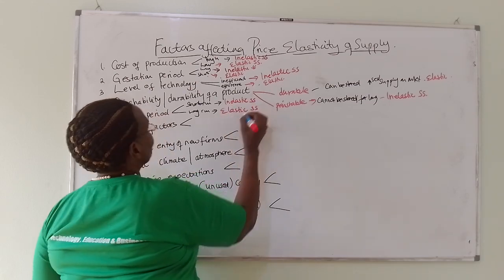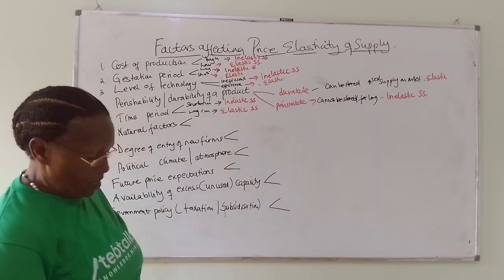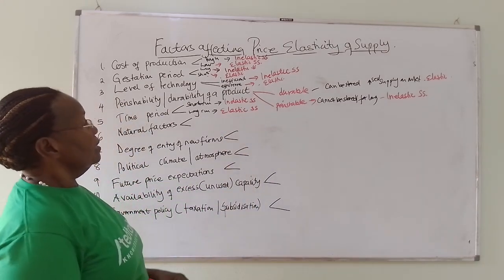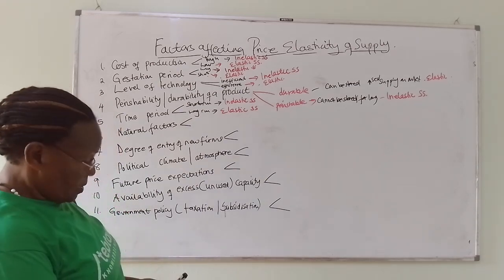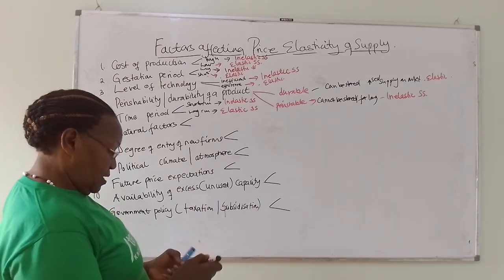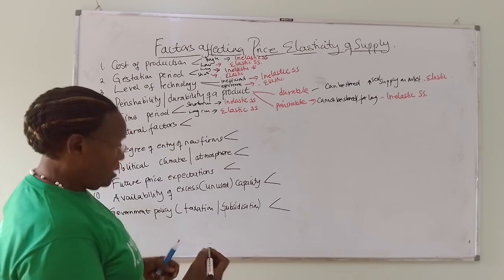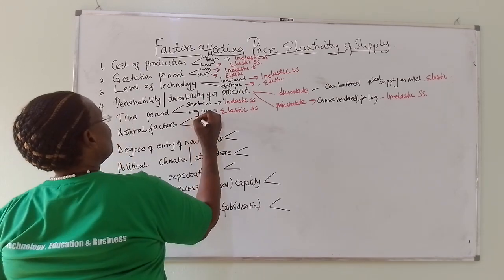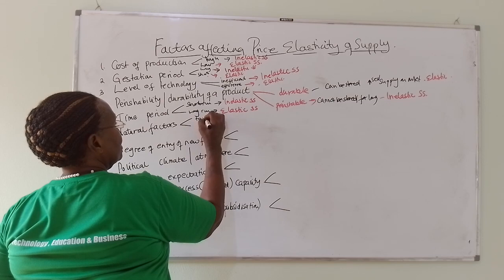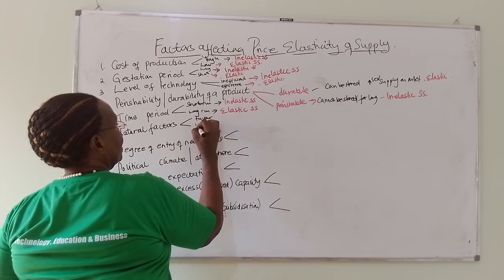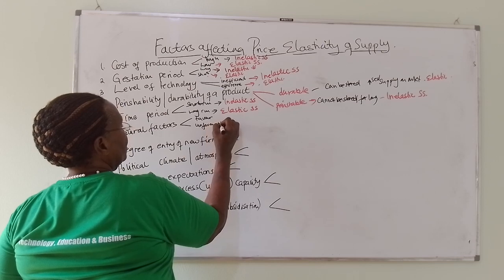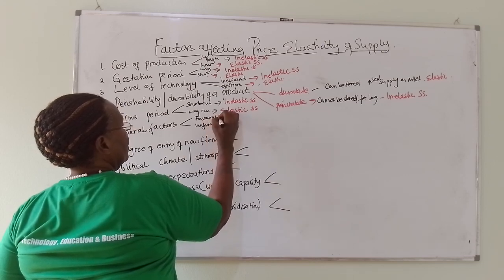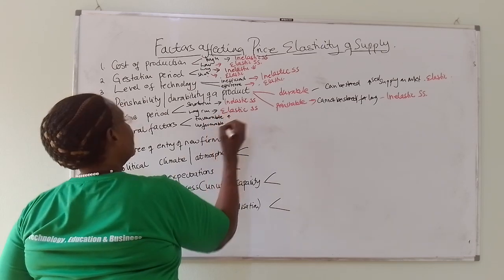So the supply of commodities in the long run, for most of them, is elastic, yet within the short run, it is inelastic. Natural factors. How do they affect our elasticity of supply? Natural factors can either be in our favor or they are unfavorable. Whenever they are favorable, they lead to increased supply.